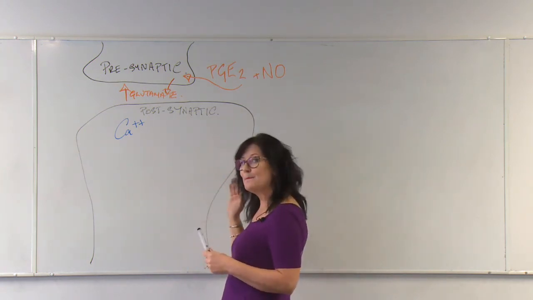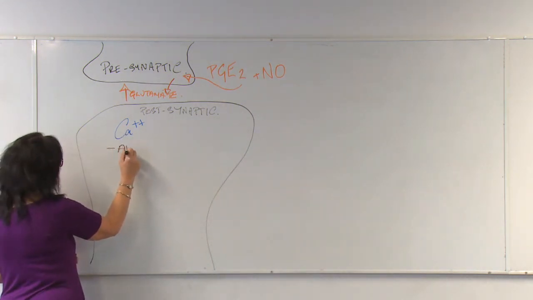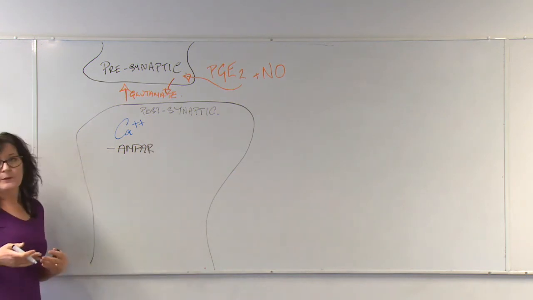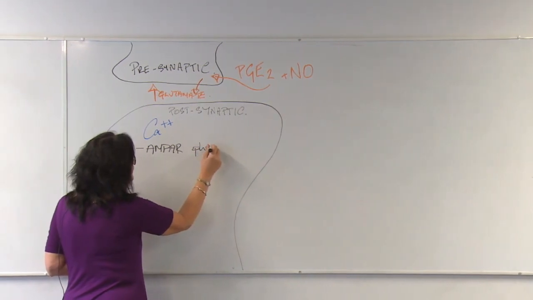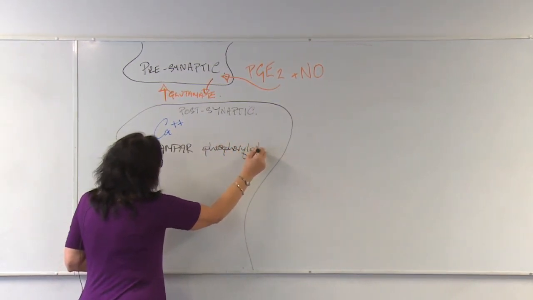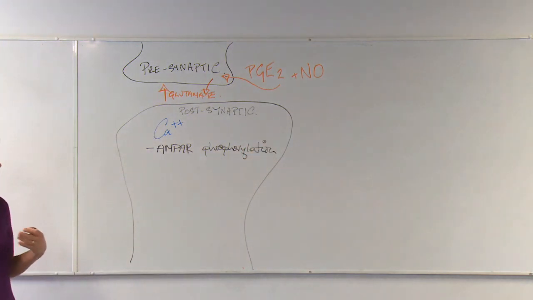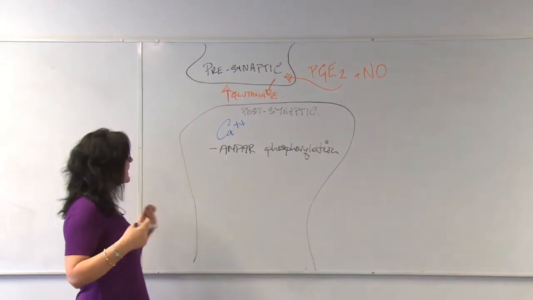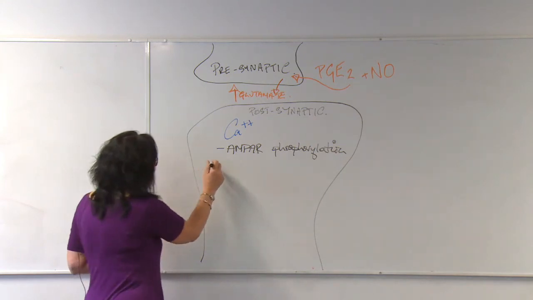In terms of AMPAs, very quickly, we're talking within a few hours here, we get AMPA phosphorylation. If we get phosphorylation, we get sensitization. They open more readily, so we're going to get stronger EPSPs and more EPSPs.